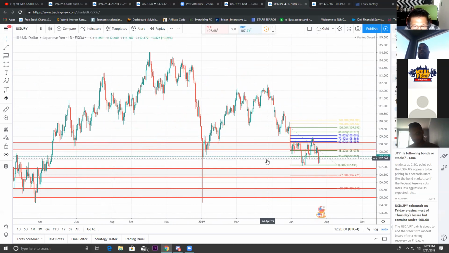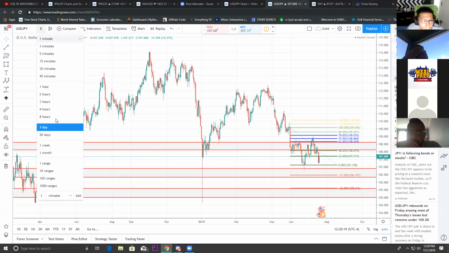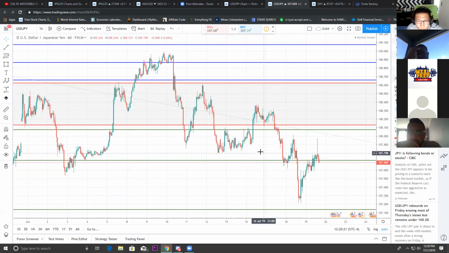Yeah. So now we have to see how the market opens, to see if the market opens below. Right now we're at like 107.6. I thought that UJ was going to open up around 107.220. If you drop to the 1 hour chart, you can see 107.230 around there, which is the average of that zone right here, right below.